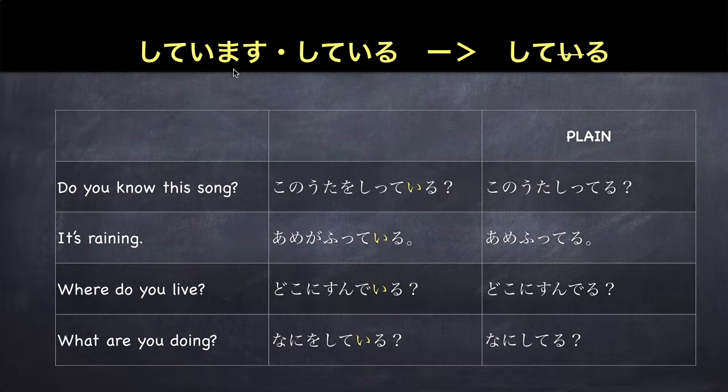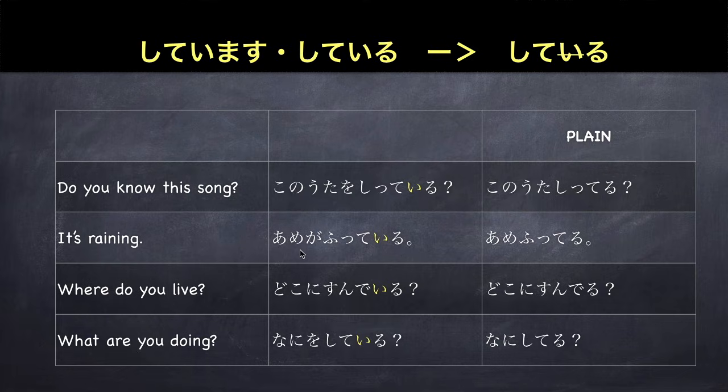During casual conversation, the い sound in the しています or している is often dropped or not pronounced. For example, do you know this song? この歌を知っている? So it becomes この歌知ってる?